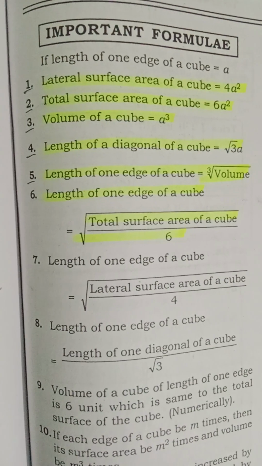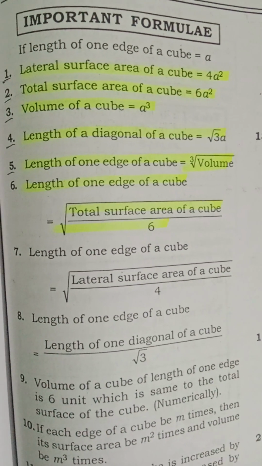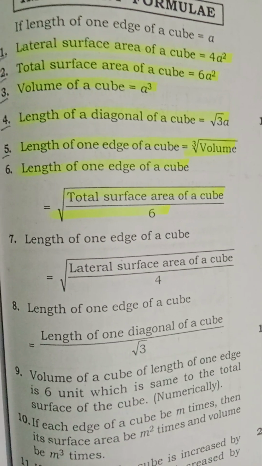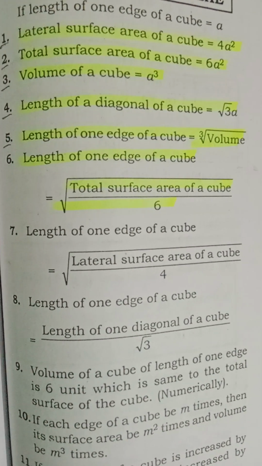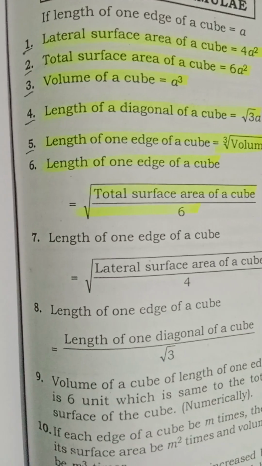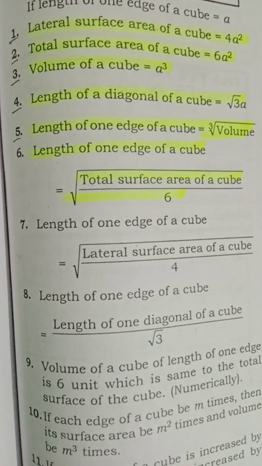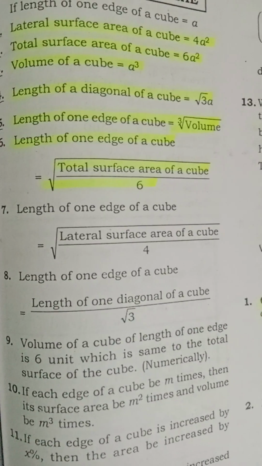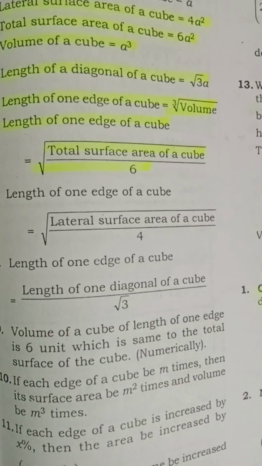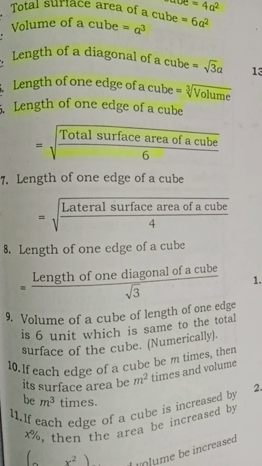Cube and cuboid. Lateral surface area of cube is equal to 4a square. Total surface area of cube is equal to 6a square. Volume of cube is equal to a cube. Length of diagonal of cube is equal to root 3 a.